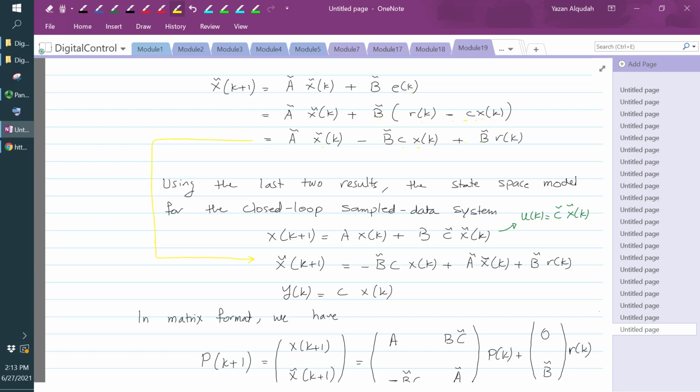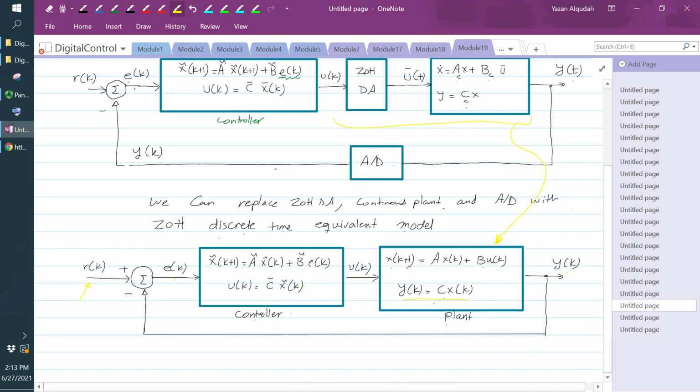Therefore, using the last two results, the state space model for the closed loop sampled data system can be written as follows. x of k plus 1 is equal to A x of k plus B multiplied by u of k. But u of k is the output of this controller.